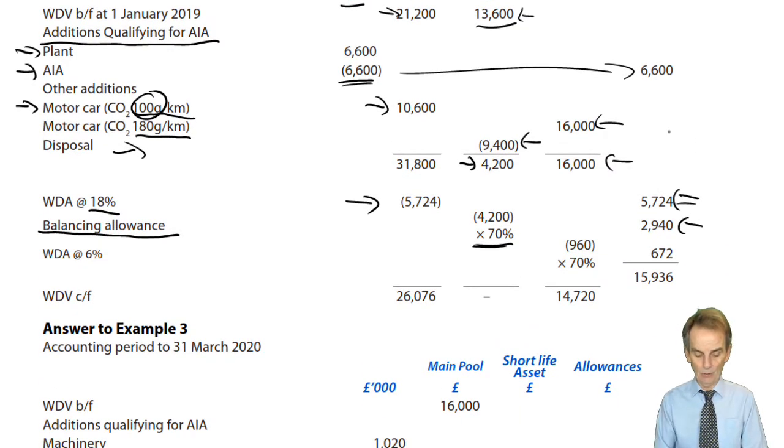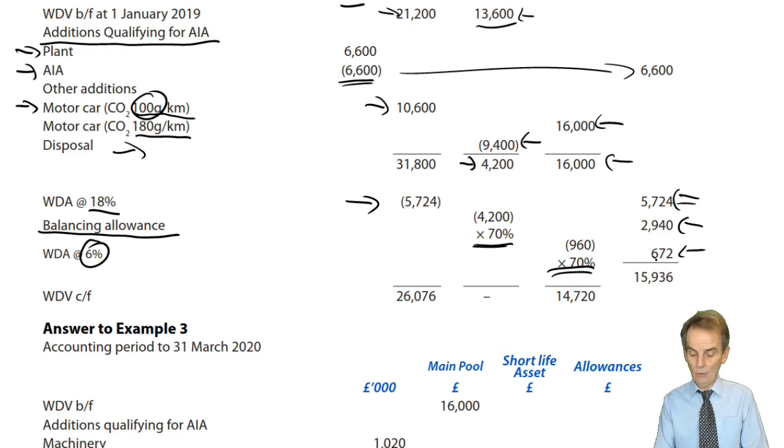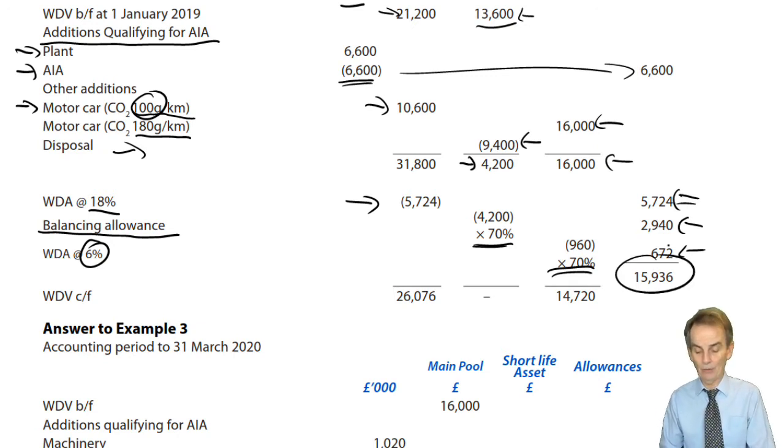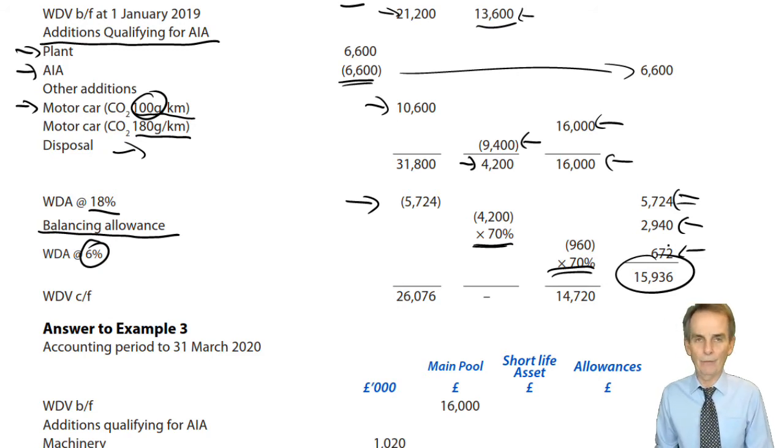It's high CO2 emissions, so the writing down allowance is limited to 6% there. That 6%, again, restricted to the business use proportion, which again is 70%, and that then we record the WDA. Add it all up, we've got our capital allowances for the period, and that in turn, if required, would be deducted from the adjusted trading profit to give you the tax adjusted trading profit of this accounting period.